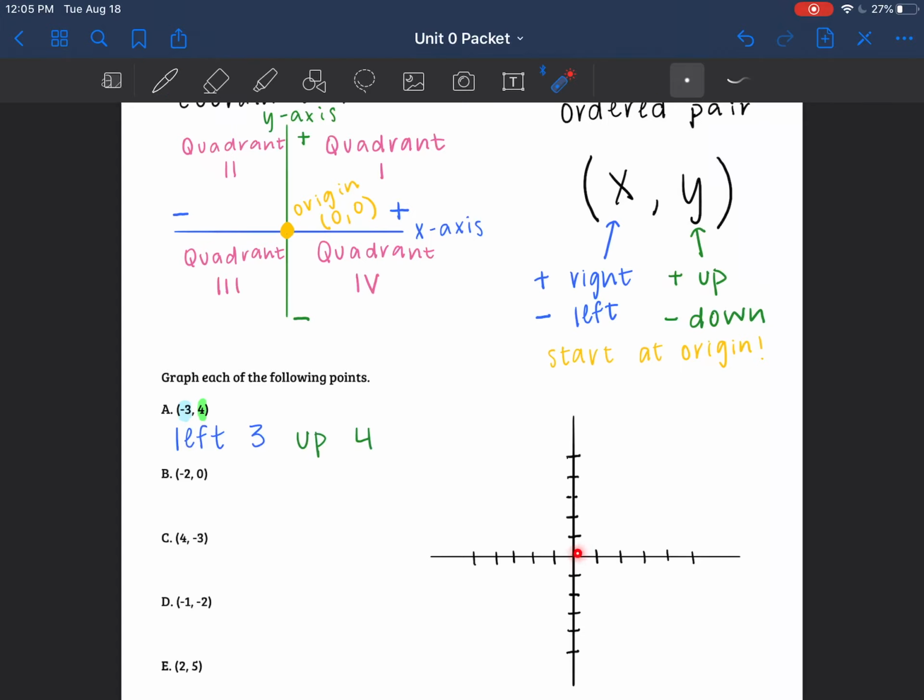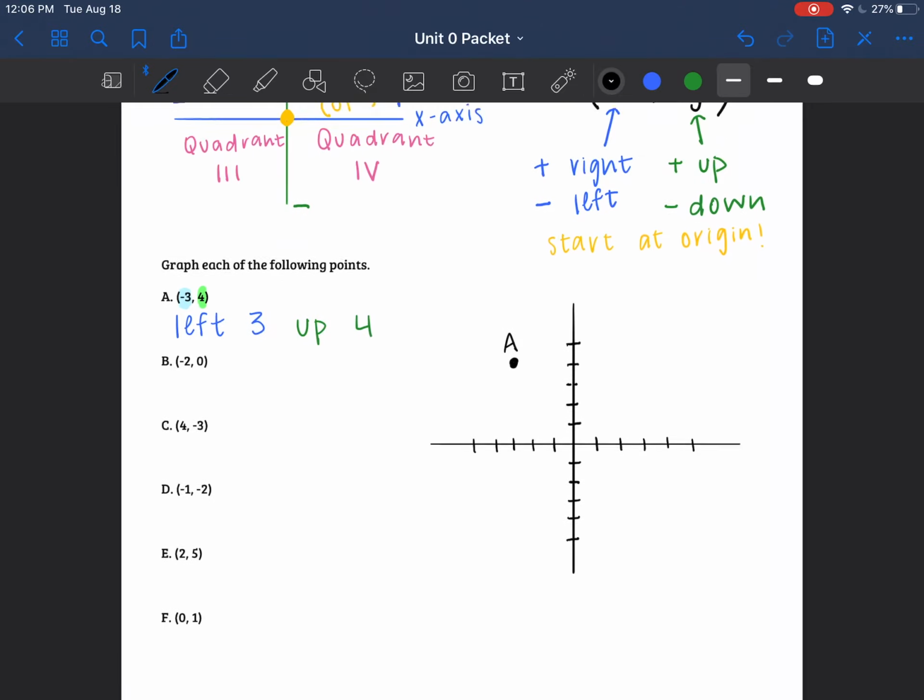Start at the origin, count to the left 3: 1, 2, 3 to the left, up 4: 1, 2, 3, 4. And that's where I'm going to put my point. That point I'm going to label so I know exactly which point it is. That was example A. I'm going to label it with an A, and that lets us talk about it very specifically. We all know exactly which point we're talking about if we say point A.